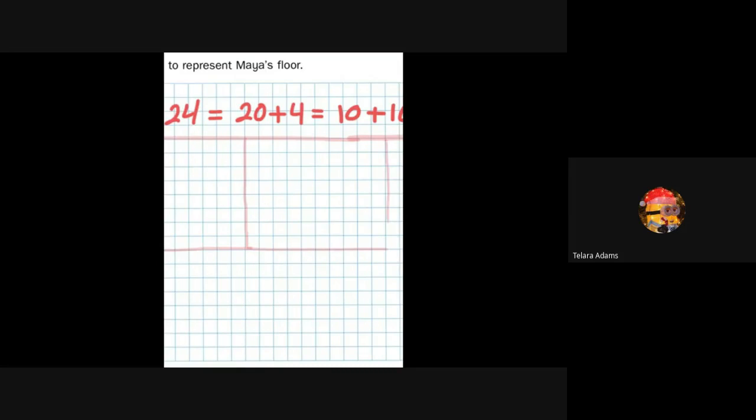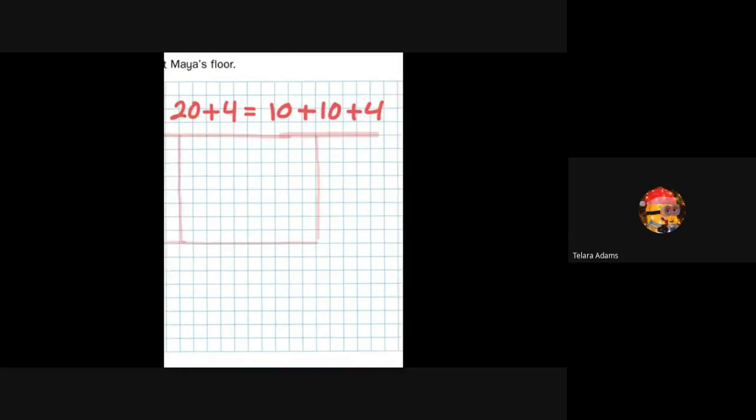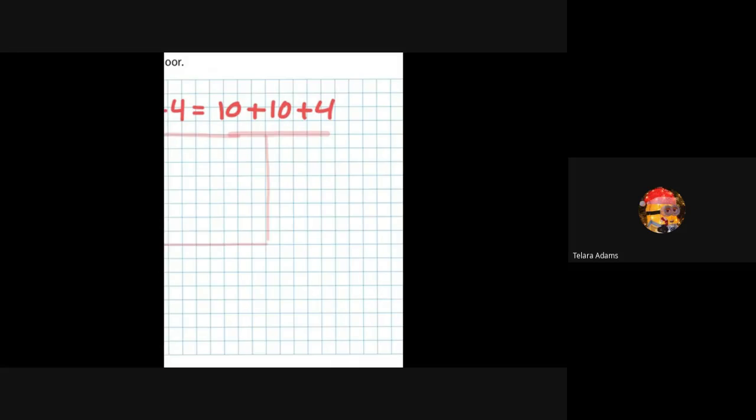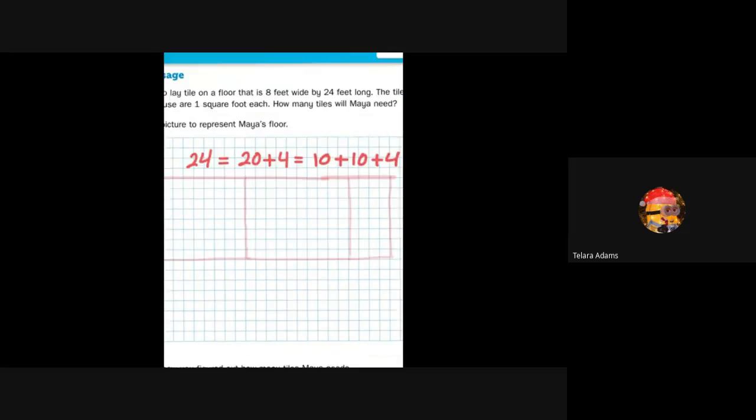There we go. Count again. 1, 2, 3, 4, 5, 6, 7, 8, 9, 10. And oh, look at that. I almost overcounted. Came pretty close, though. So there, I've got 10 plus 10 plus 4 gives me 24 squares across by 8 squares tall.